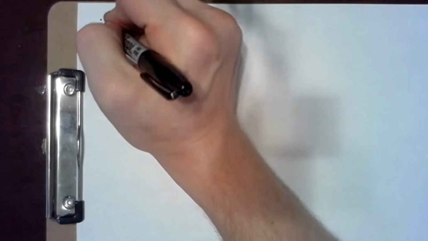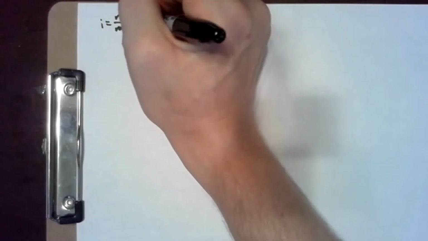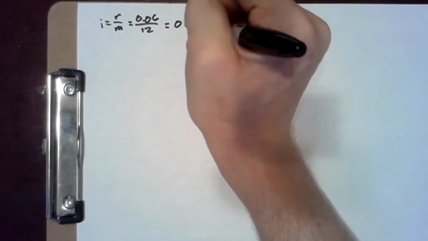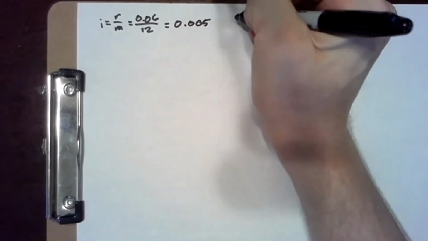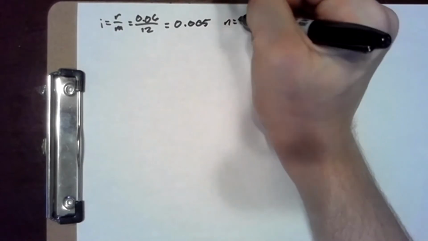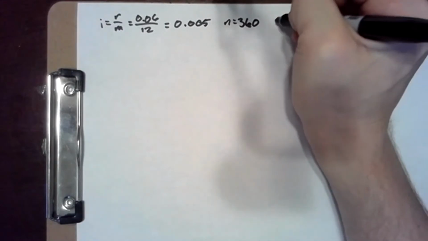So here, I equals R over M, which is 0.06 over 12, or 0.005, 5/1000ths. N equals 30 times 12, which is 360, and R equals 2,000.